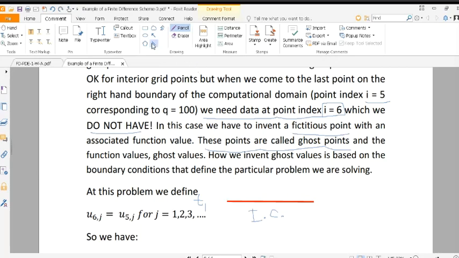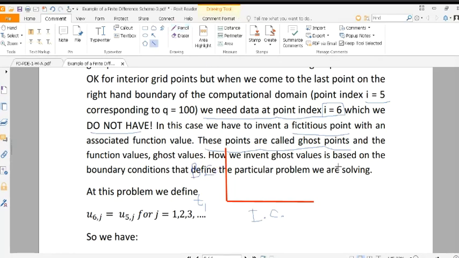At each time level we need boundary conditions. The left boundary condition is associated with x1. B.C. means boundary condition. This is the left boundary condition.